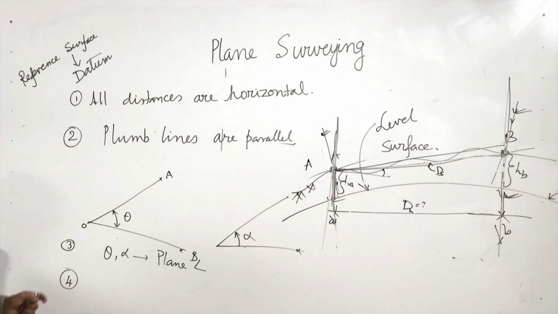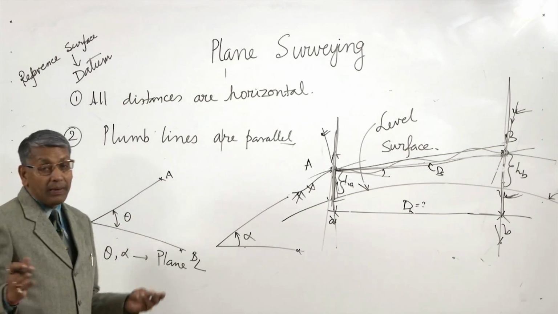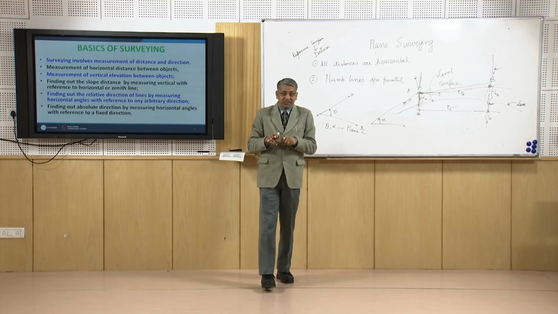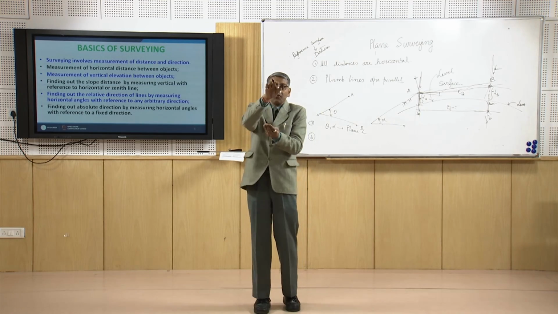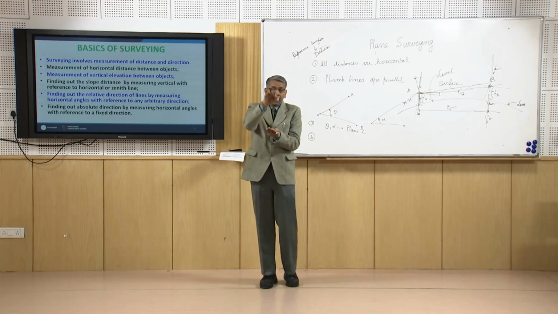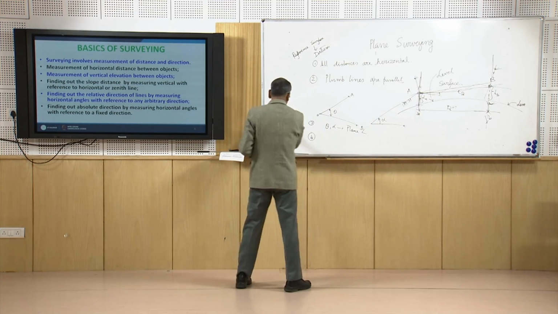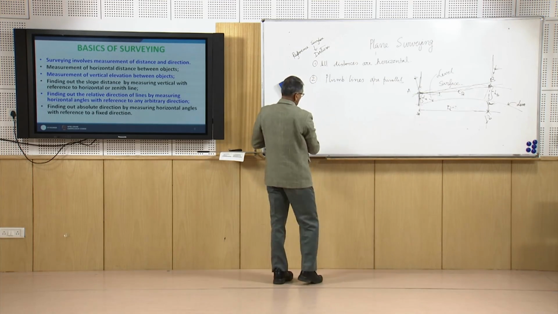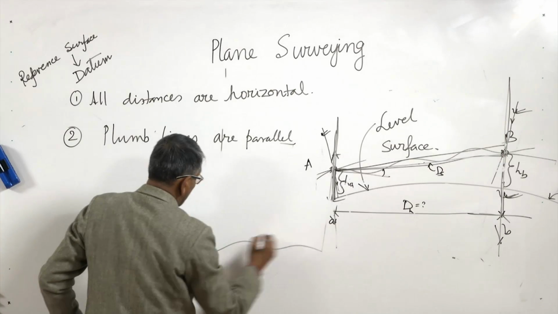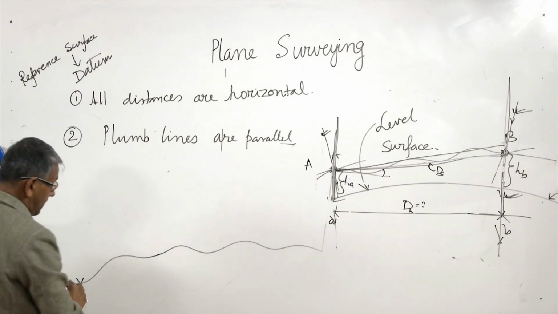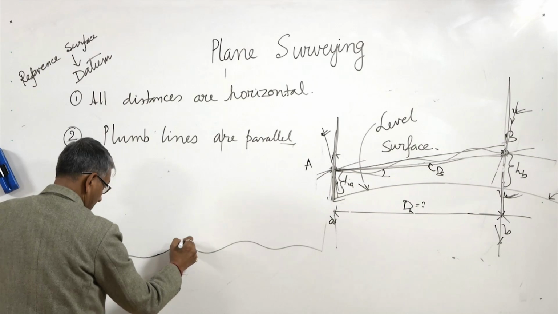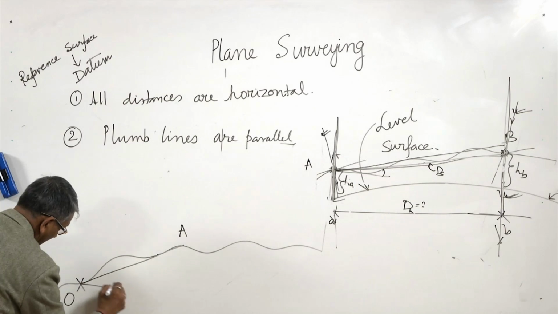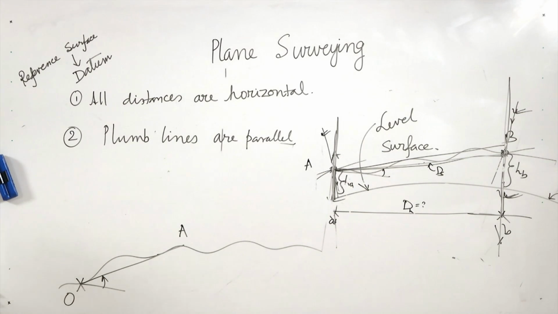Then we would like to measure the horizontal angle between two stations with respect to one reference station, and the vertical angle of any station with respect to another station. Suppose this is a point O and this is A, so I may like to know the vertical angle.